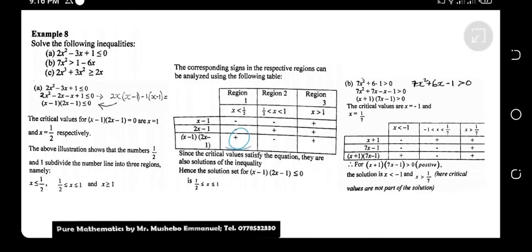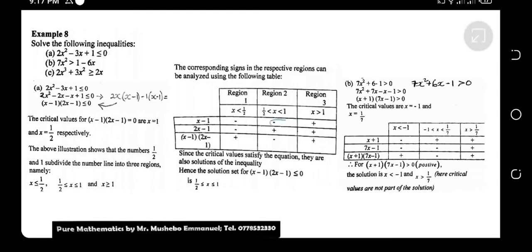Then in region 2, we pick a value of x between a half and 1, for example 0.7. Substituting in the first factor, x - 1, 0.7 - 1, you get a negative answer.